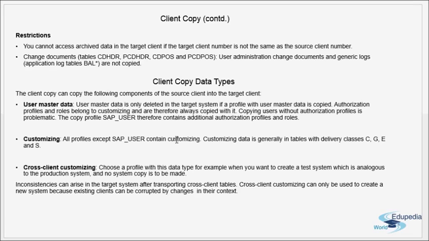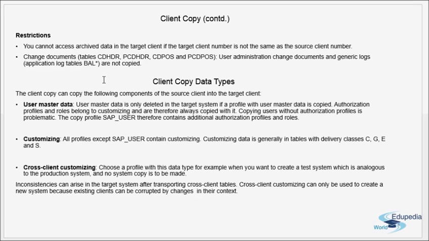And the change document tables such as CDHDR, PCDHDR, CDPOS and PCDPOS, the user administration change documents, and generic logs like the application log tables, which start with BAL, BAL star tables, are not copied.